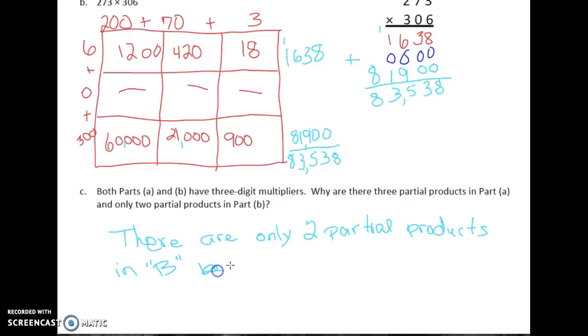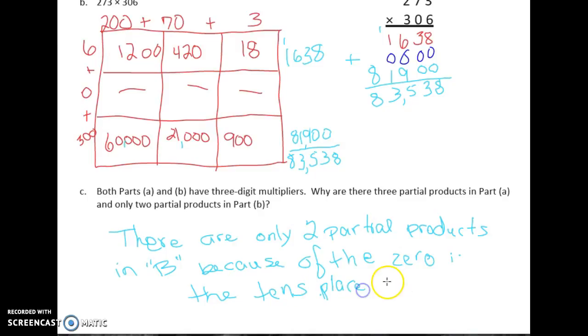And B, because of the 0 in the tens place of the second multiplier. Multiplier. And that's the answer to that.